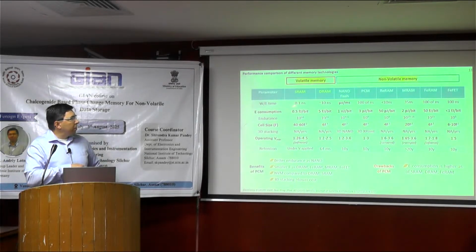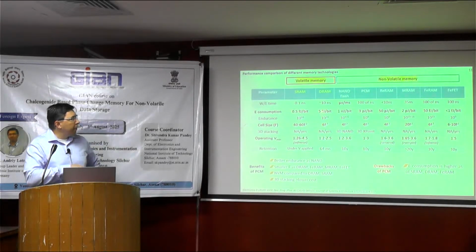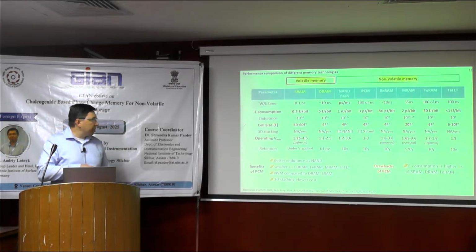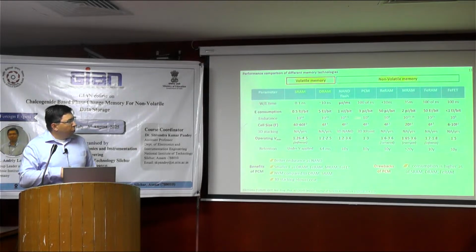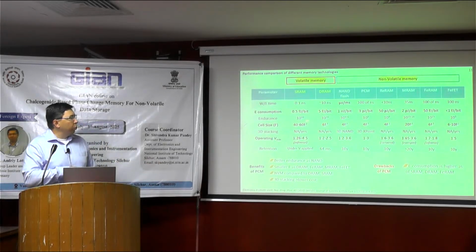The problem with many technologies is the energy consumption, especially for PCM. It can achieve about 3 picojoule per bit, which is still larger than for SRAM, but it's now on the level of DRAM. For endurance, they all fulfill the criteria except FeFET, but we need an endurance of about 10 to the 9 cycles, and that would be enough. You can see many technologies fulfill it.